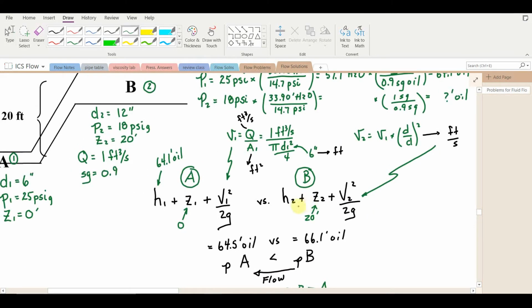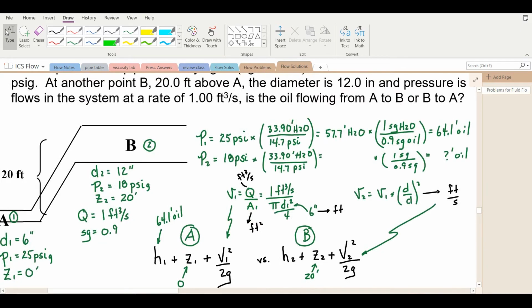So we'll have everything except our pressures H1 and H2. Now be careful, these have to be in height of the working fluid in the system. These have to be height of oil, not height of water, not psi, height of the working fluid. So we have to convert these pressures to height of oil.